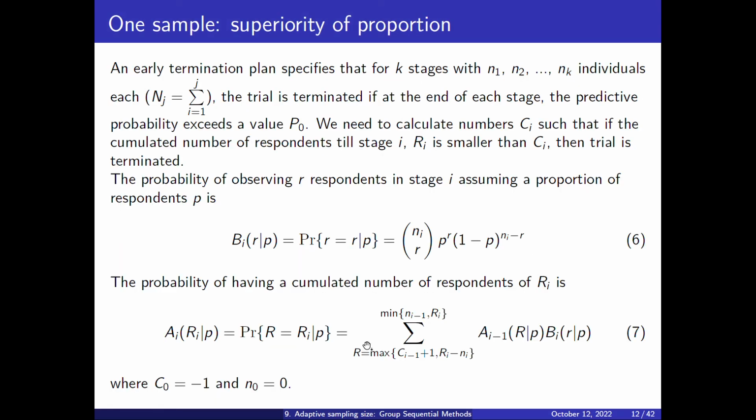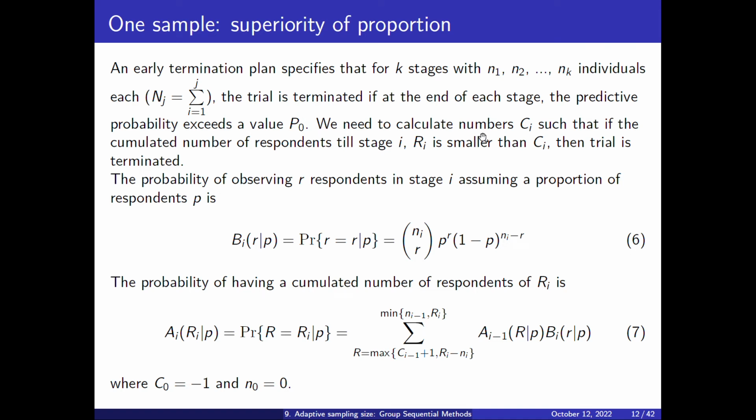Okay, then we will divide our full experiment into K stages, and for each one of the K stages we will have N1, N2, Nk individuals. The trial is terminated if at the end of each stage the predictive probability exceeds a value capital P0.